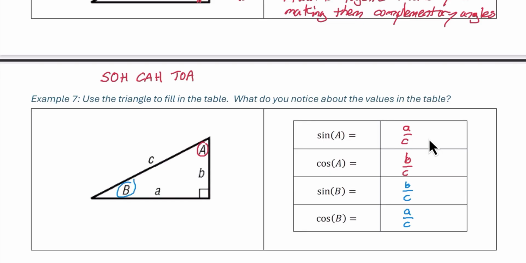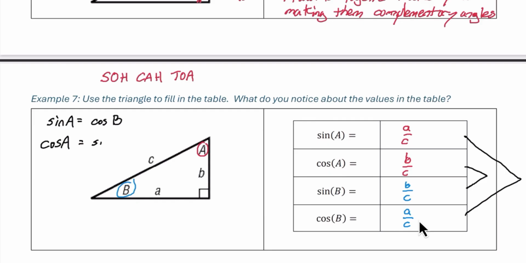Notice that A divided by C and A divided by C occurs in two places. We can say that sine of A is equal to the cosine of B. Similarly, we have B divided by C and B divided by C, meaning cosine of A is equal to the sine of B.